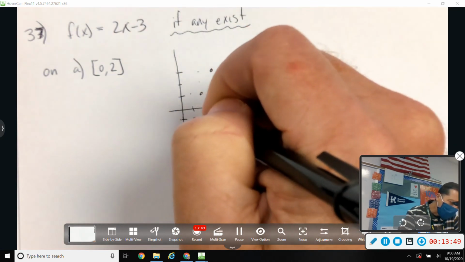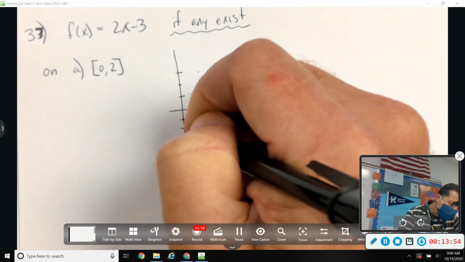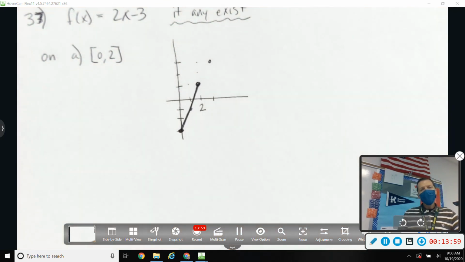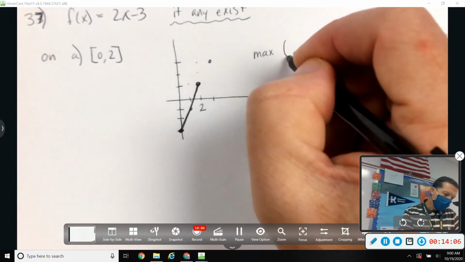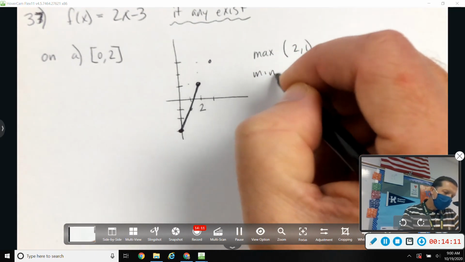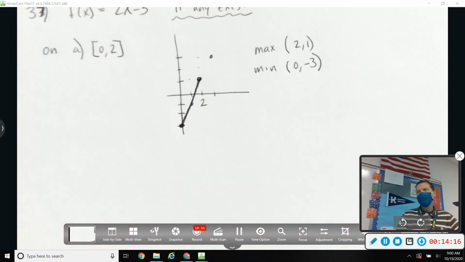Oops, I wanted to stop at 2, so we'll stop it at x equals 2. That's a straight line there, believe me. So the big deal is closed circle, closed circle. So there's a max at (2, 1). There's a minimum at (0, -3). It's like, what is the point of that problem? An Algebra 1 student could hopefully answer that question correctly.